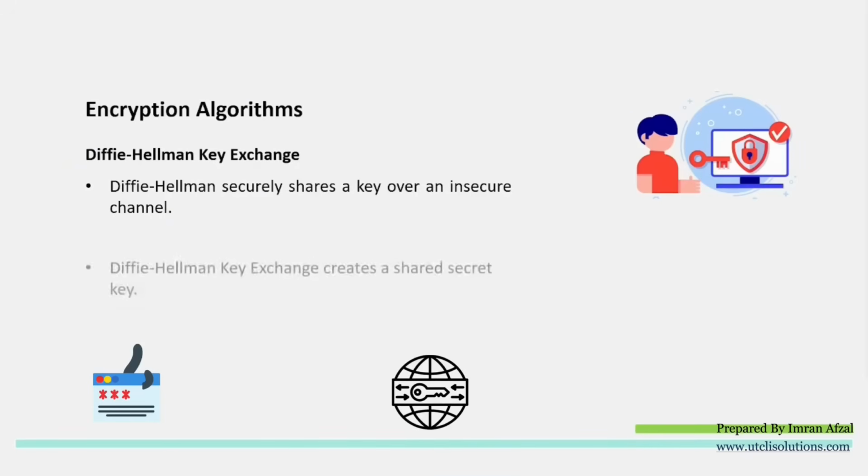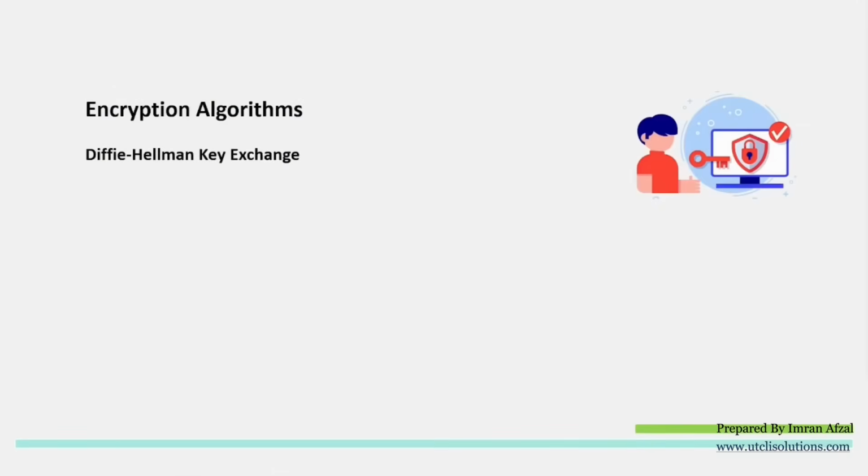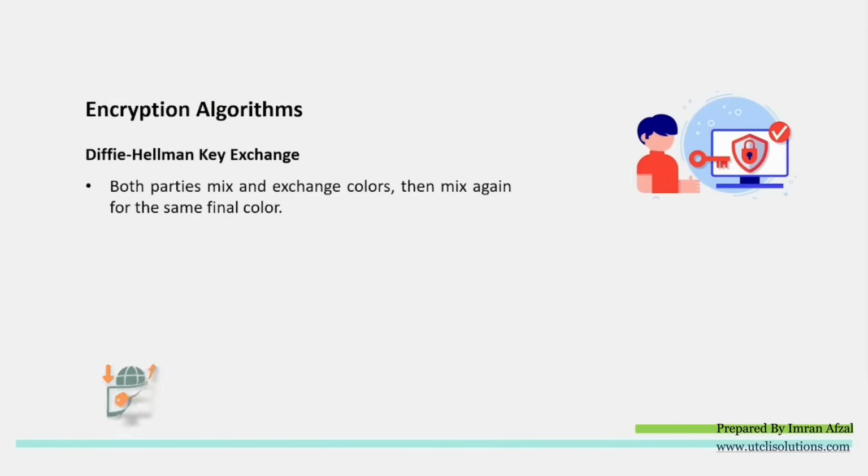The Diffie-Hellman key exchange can be likened to you and a friend wanting to create a shared secret color for secret communication while being in separate rooms and only able to exchange colors through a potentially untrustworthy messenger. So, to start, both of you agree on a common starting color, that is the public color, and a mixing color, like blue paint, which are known to everyone including the spy.